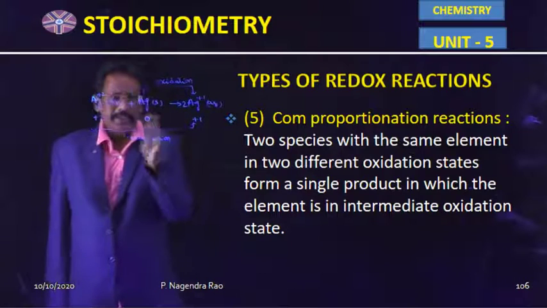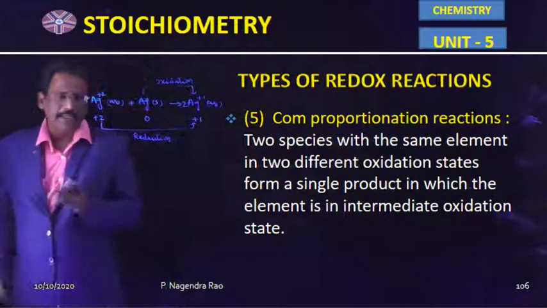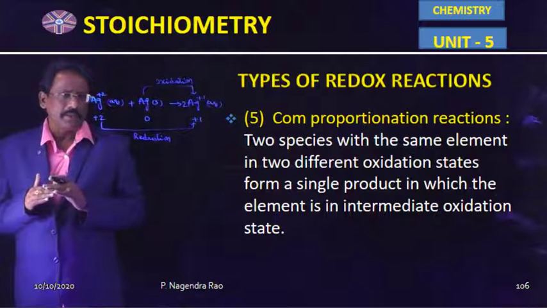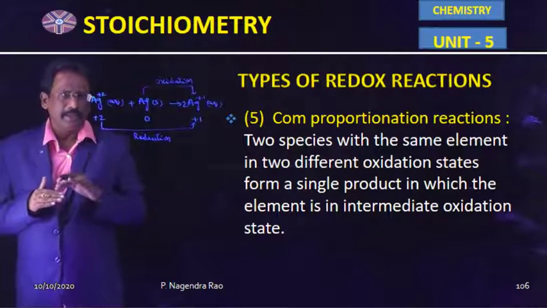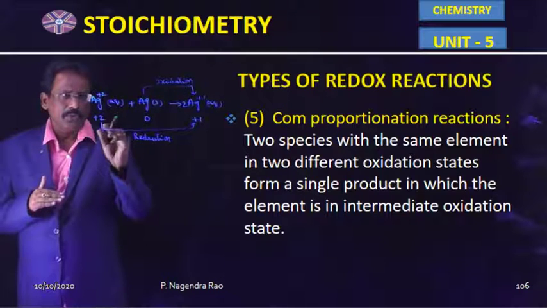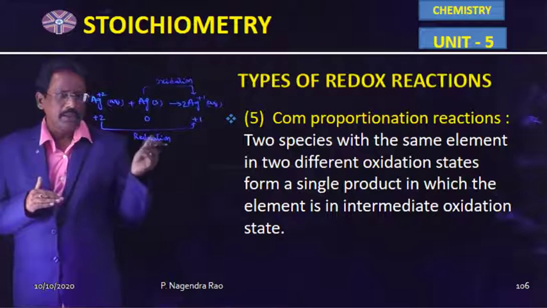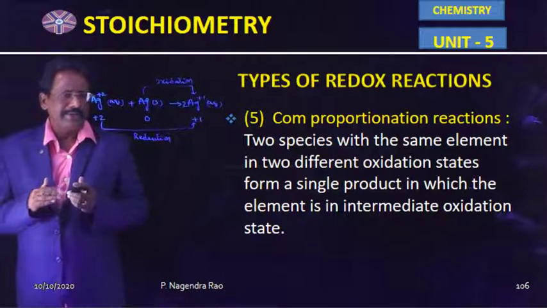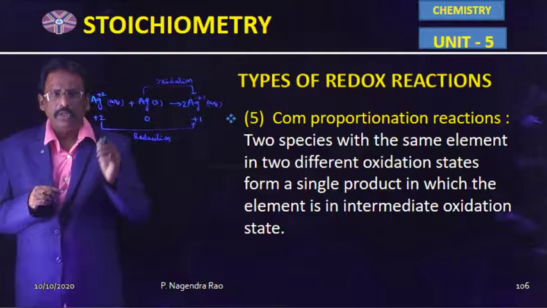Here the reactant side and product side contain only silver atoms, only the silver element. But on the reactant side, silver shows two different oxidation states, plus 2 and 0. On the product side, silver has only one oxidation state, which is equal to plus 1.